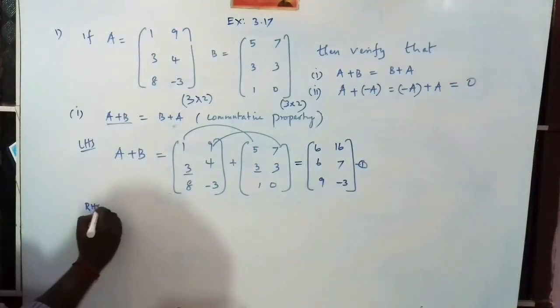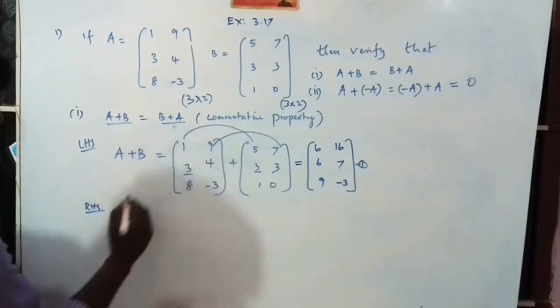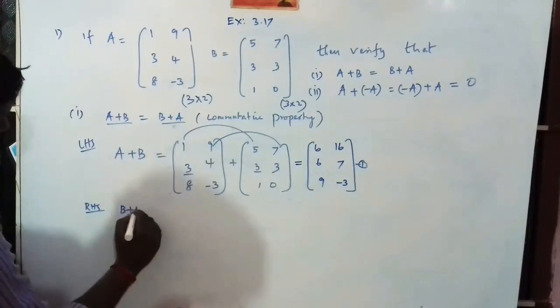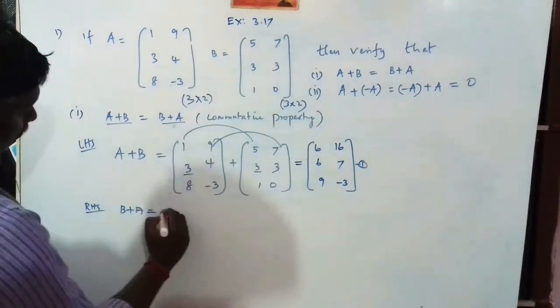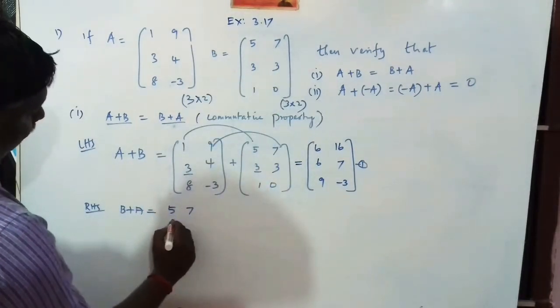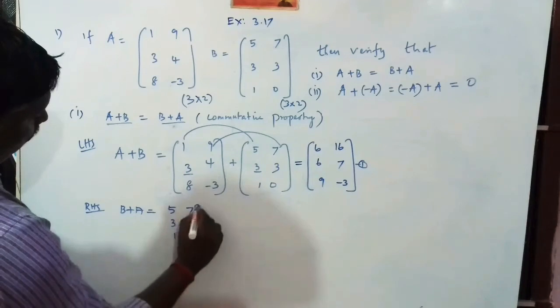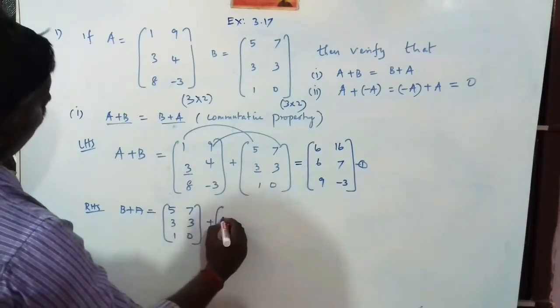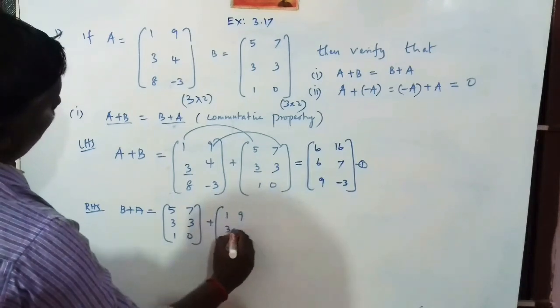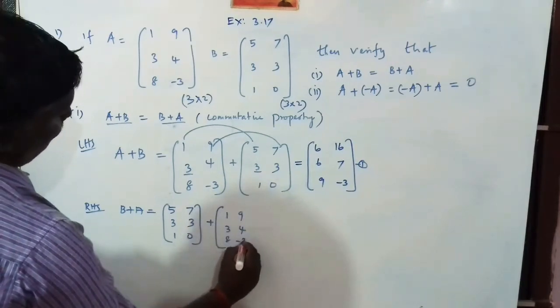Right hand side, RHS, equal to B plus A. Matrix B is 5, 7, 3, 3, 1, 0 plus A equal to 1, 9, 3, 4, 8, minus 3.